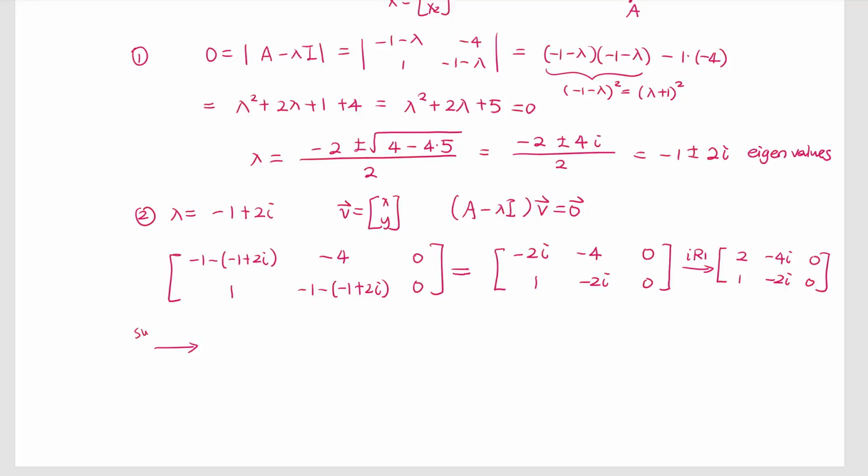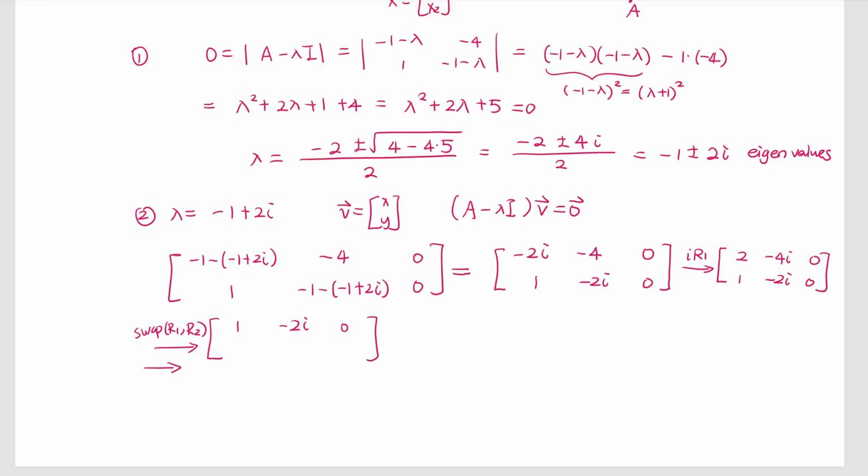So we can actually swap row 1 and row 2. That gives us 1, minus 2i, 0. And actually here I'm going to combine two steps into one step because this is a long problem. So sometimes for the easy steps, maybe we can combine them together, okay?